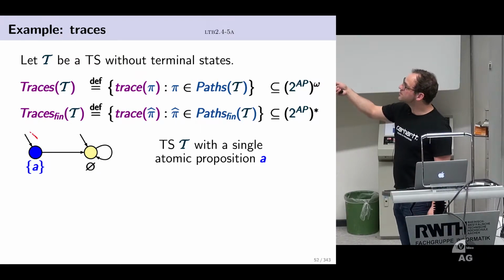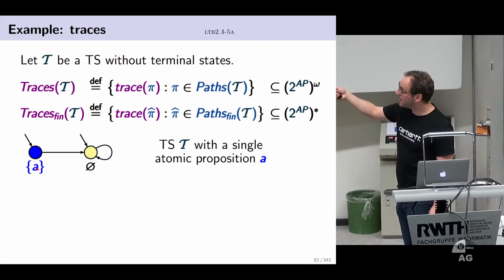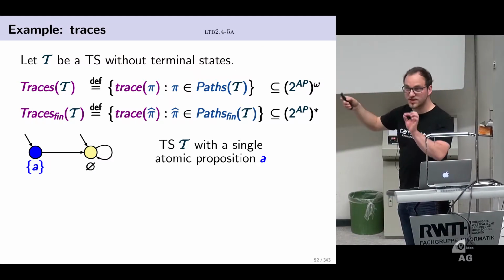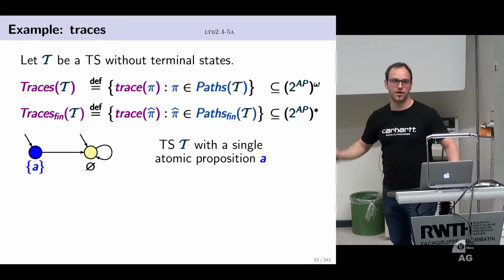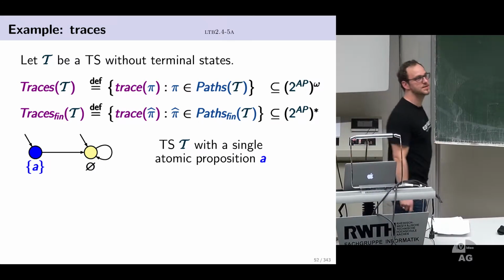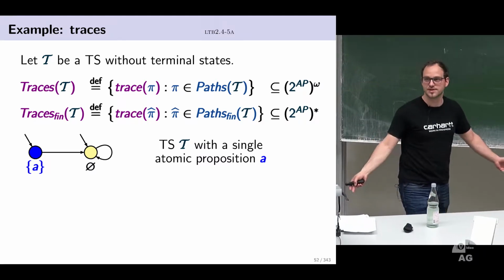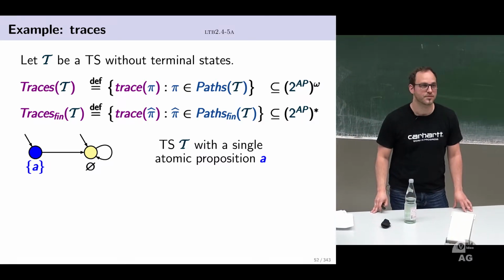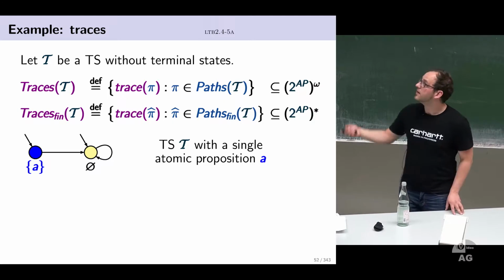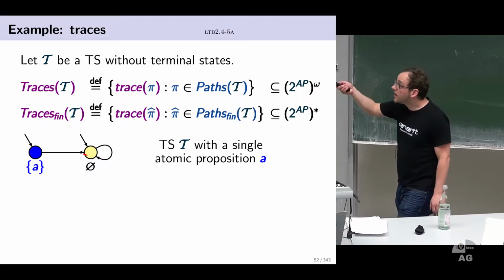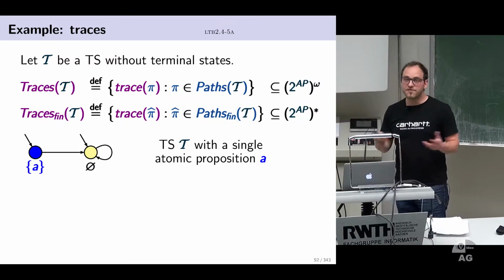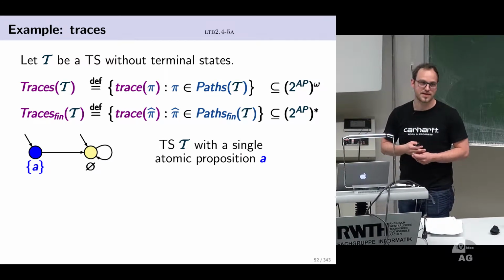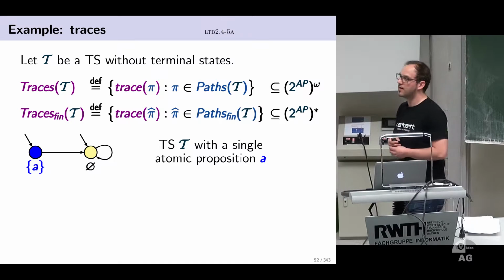So one trace in my transition system is starting in this state, so you get an A. So you don't see the state, but you only see blue, as you correctly said. And then you move on to yellow infinitely often. So that's one trace in this transition system. Is there another trace? Yes? Yellow infinitely often, because this state is also an initial state. Okay? And in fact, these are the only two traces in this transition system.